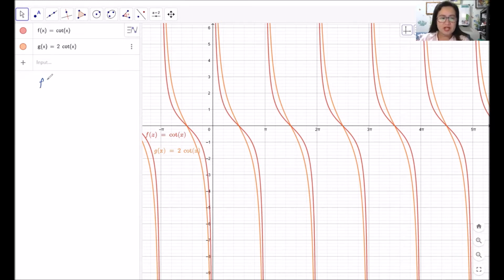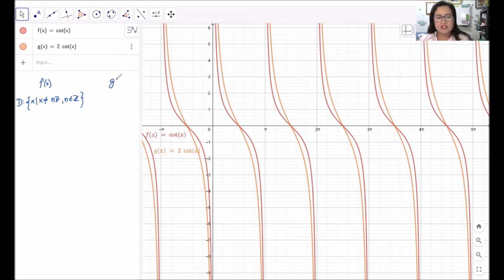Now let's compare that to the graph of f of x described by cotangent x. Remember that the domain of f of x is the set of all x such that x is not equal to n pi, where n is an element of the set of integers.